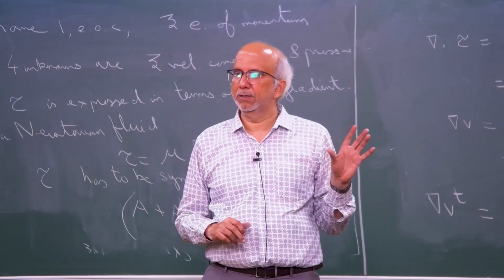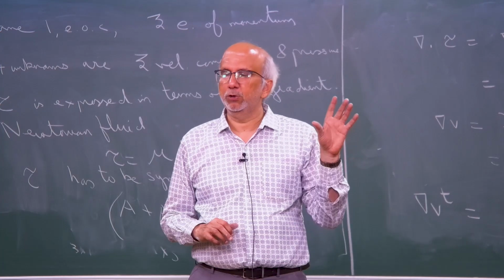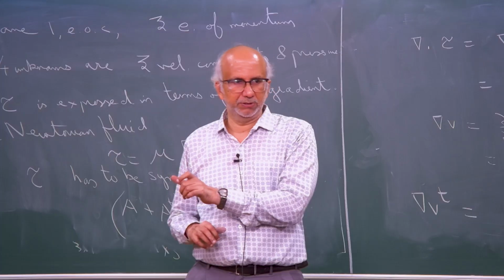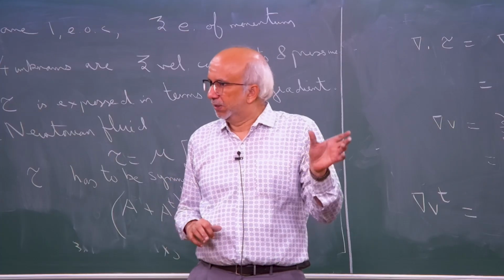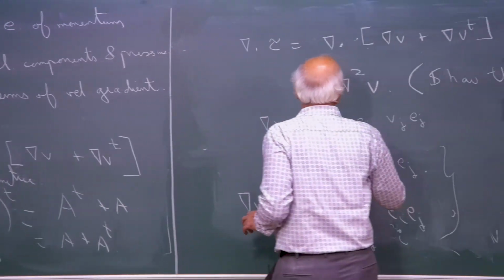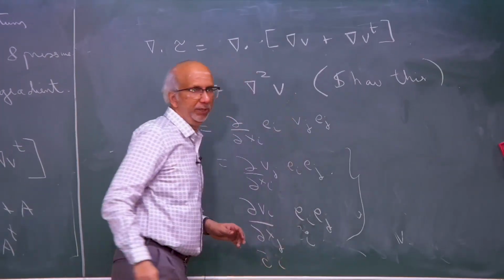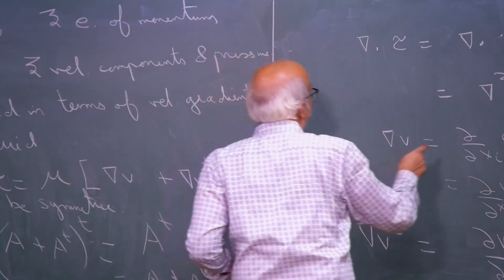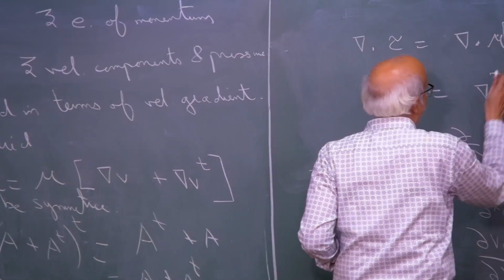And you have to use the equation of continuity to show that 3 of them can be 0 and only 3 remain. The 3 which remain are the del square V_i. I have told you how to do it, I am not doing it. It turns out that I missed the mu here, so I need to put the mu here.